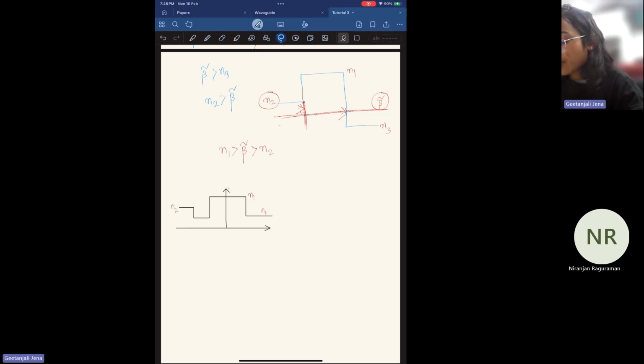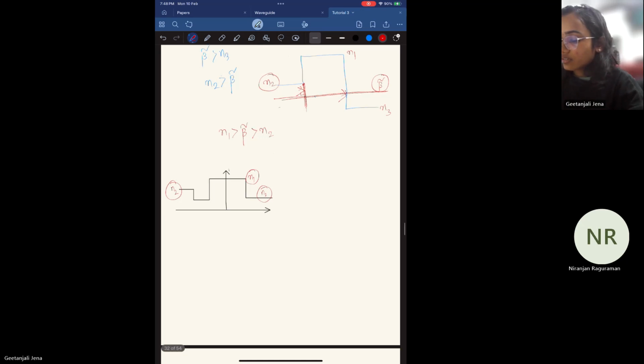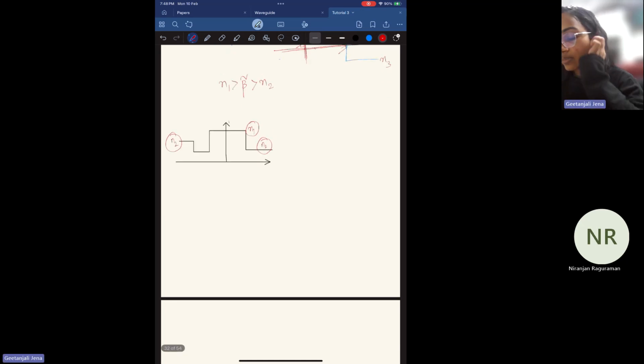In the second part, we have the refractive index profile like this. So there are three refractive indices. One is N1, which is the core refractive index, and there are two cladding indices, N3 and N2. Similar to the logic that we used before, here we have to see at what condition the ray will be guided.